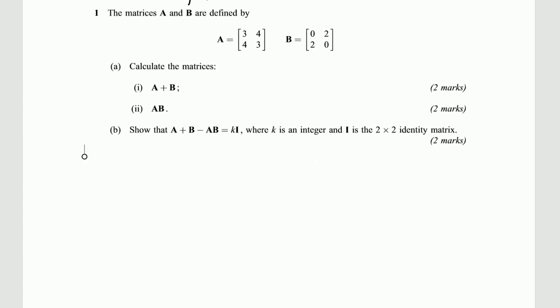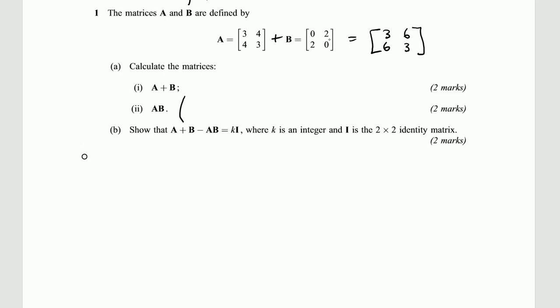The matrices A and B are defined like so. I want to calculate A plus B and A times B. So A plus B is really very easy. All I'm going to do is add the corresponding elements. So 3 plus 0 is 3, 4 plus 2 is 6, 4 plus 2 down here is also 6, and 3 plus 0 is 3.